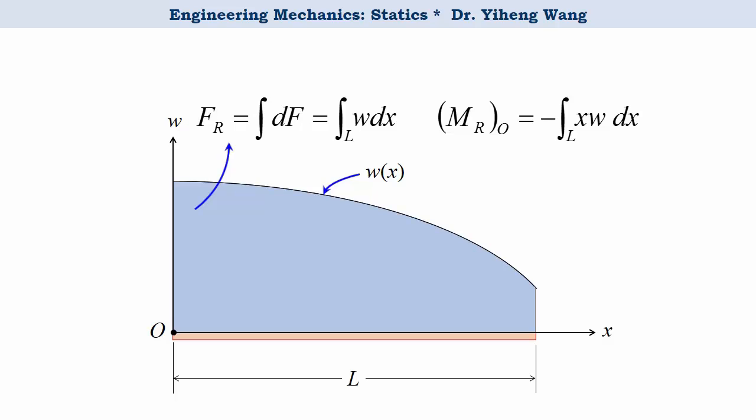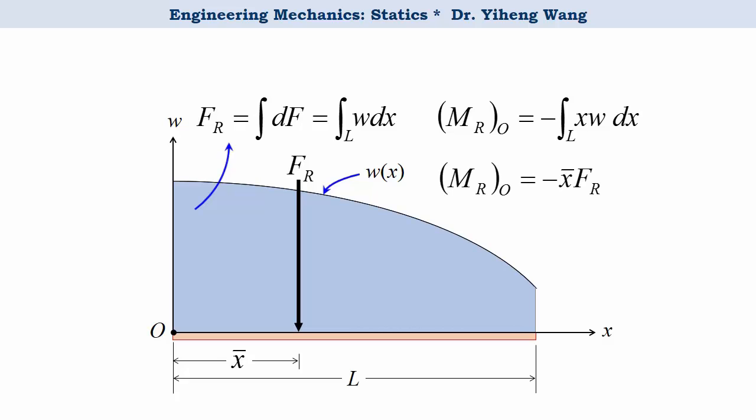Now, since we want to use the resultant force F_R to replace the distributed load, this resultant force must be placed at a particular location, say x bar, so that F_R creates the same moment about point O as the original distributed load. Therefore, M_RO, the resultant moment, equals negative x bar times F_R, and x bar equals the magnitude of M_RO divided by F_R.